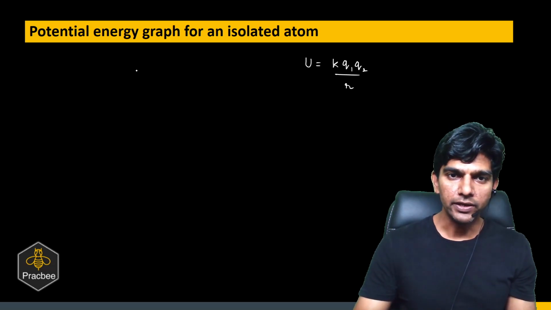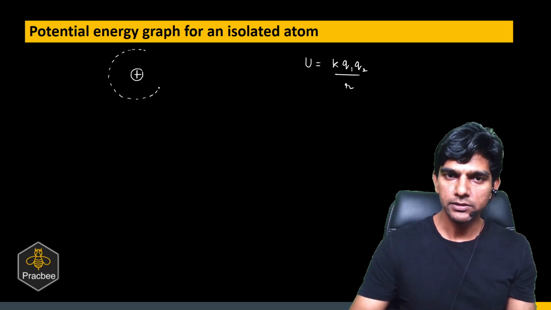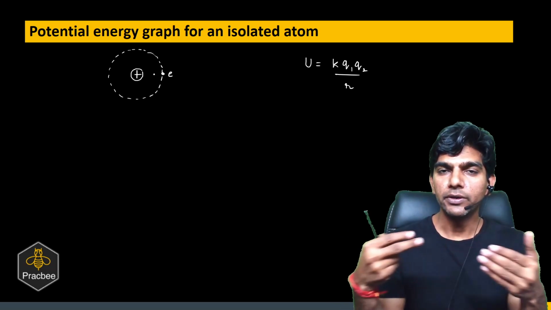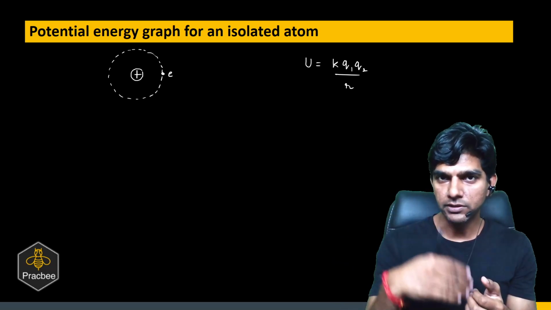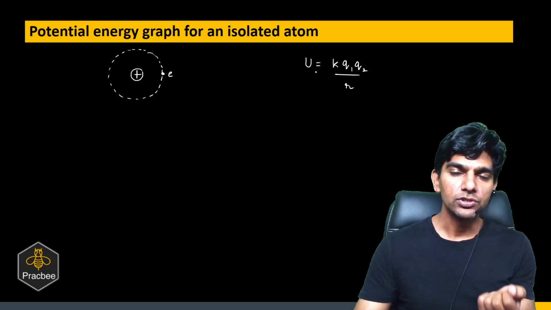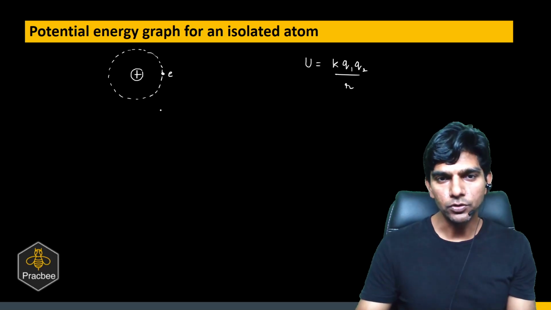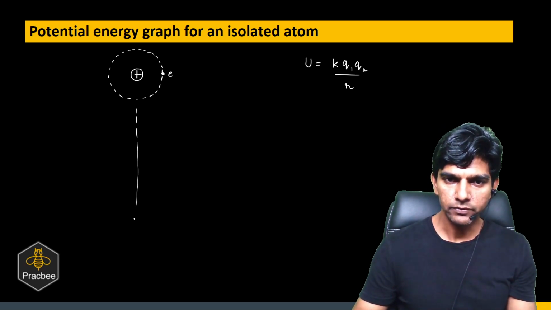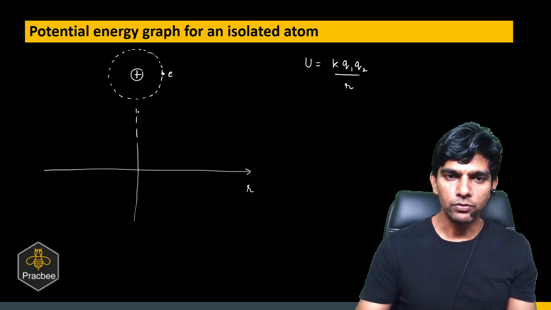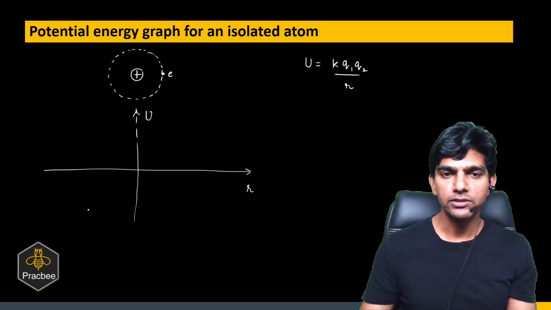So here we have a positively charged nucleus and an electron which is orbiting around the nucleus, right? In a fixed energy level, let us say. There is a Coulomb attraction, and due to that it is able to move in a circular path. Now let us plot the graph of potential energy with the distance from the nucleus. On the x-axis I'm showing the distance, and on the y-axis the potential energy.